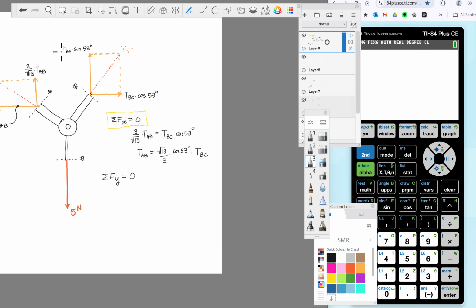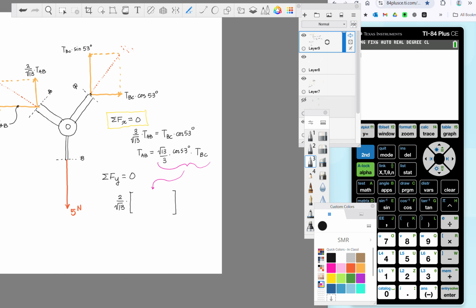Okay, summation of forces in the y direction equals 0. I'm going to set my ups equal to my downs. So I'm going to say 2 over root 13 times TAB. I'm going to leave space there because I'm about to substitute this in.